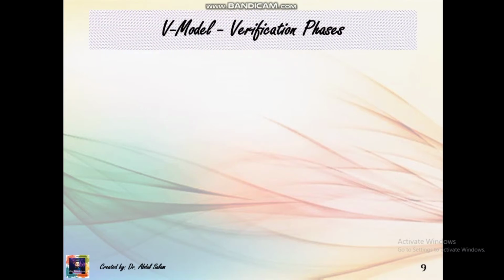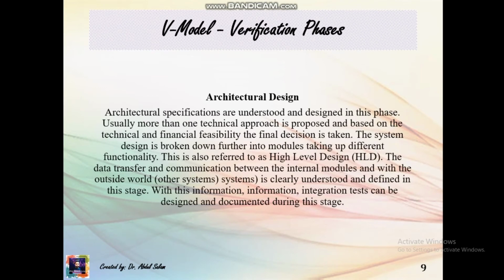Next we have V model verification phases: Architecture design. Architecture specifications are understood and designed in this phase. Usually more than one technical approach is proposed and based on the technical and financial feasibility, the final decision is taken.